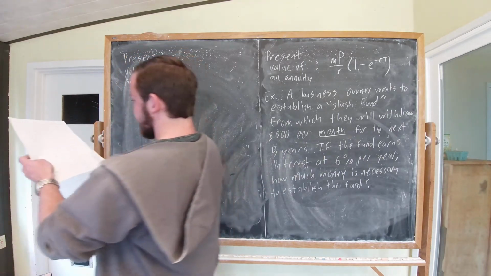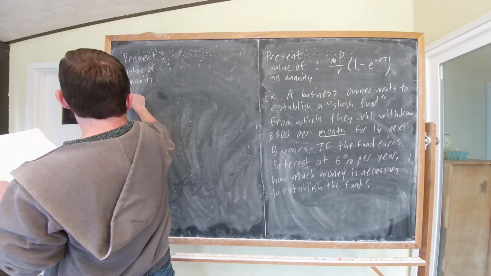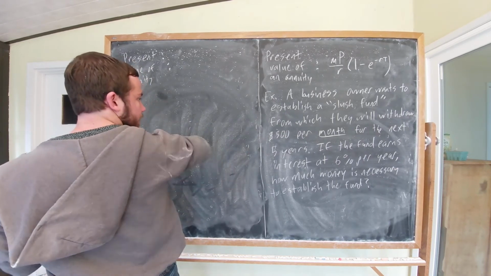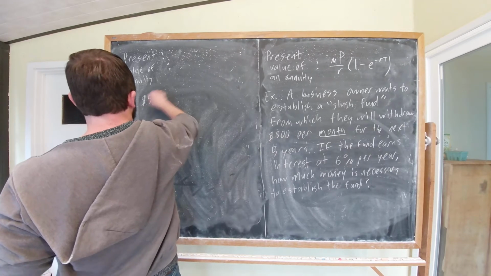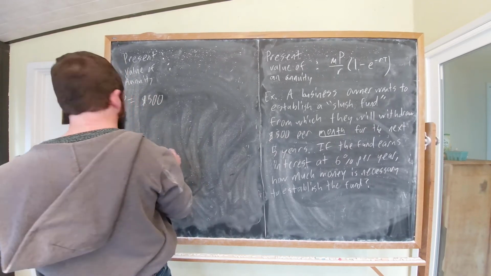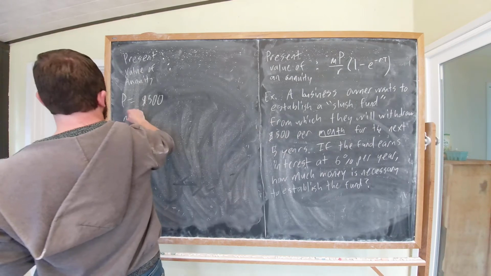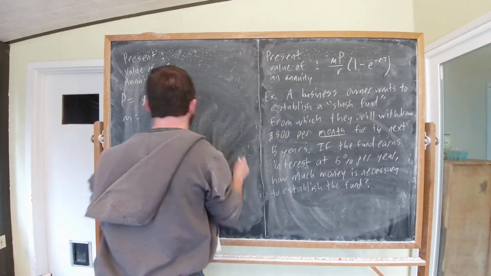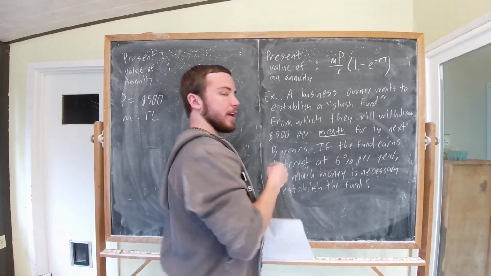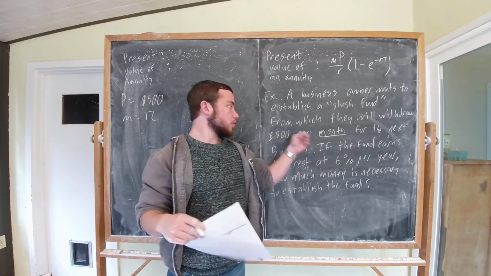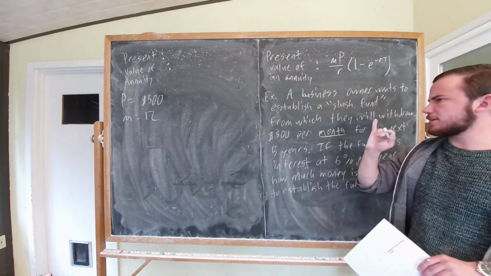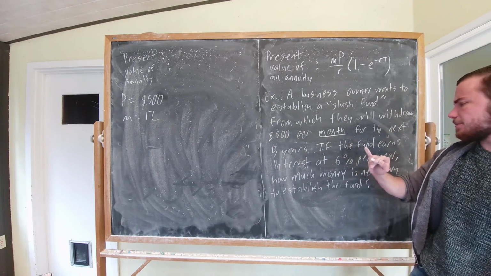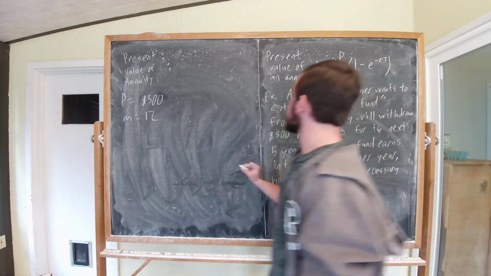So it's an annuity with P equal to $500. That's the amount essentially you're taking out of it. M of 12, because we're working 12 months in a year. Let's see here. P is $500, M is 12, interest rate is 6%.